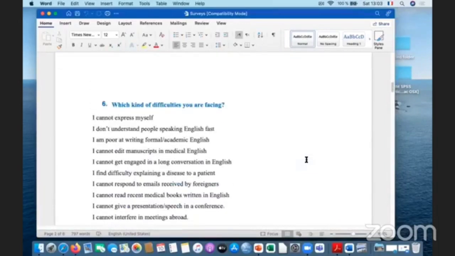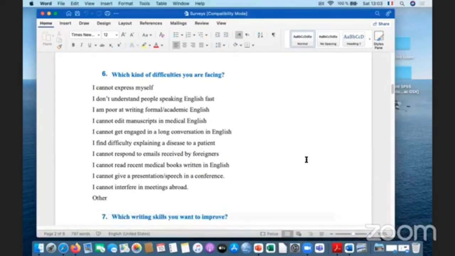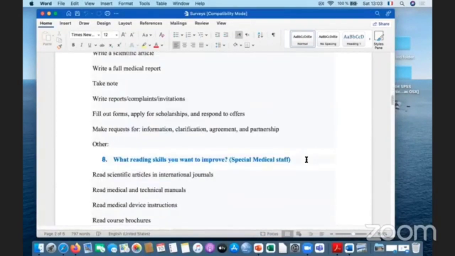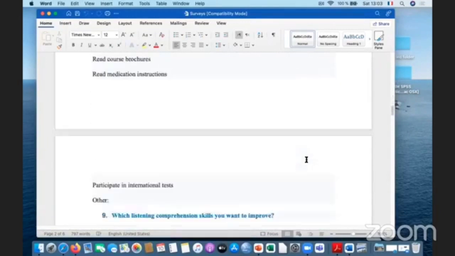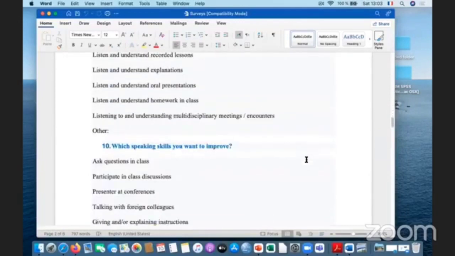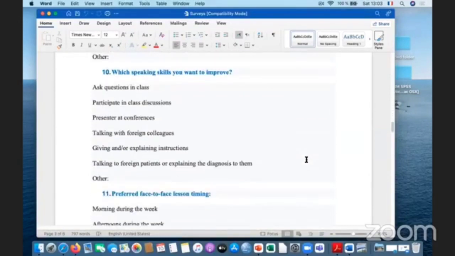Which kinds of difficulties are you facing? I detailed them, of course, most of the difficulties, but just in case I don't know other difficulties, so I added other. Which writing skills, which reading skills, which listening comprehension skills do you want to improve?